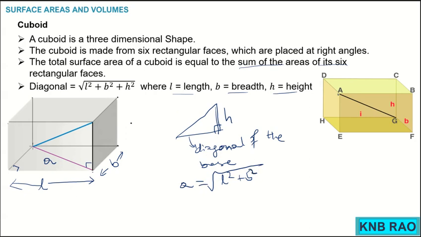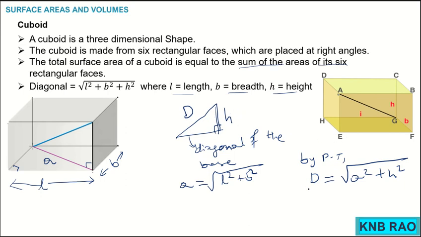Now let us say the diagonal of this cuboid is capital D. Again it is formed by Pythagoras theorem only. By Pythagoras theorem, D is root under A square plus H square, because Pythagoras theorem says the hypotenuse square is the sum of the squares of the other two perpendicular legs.